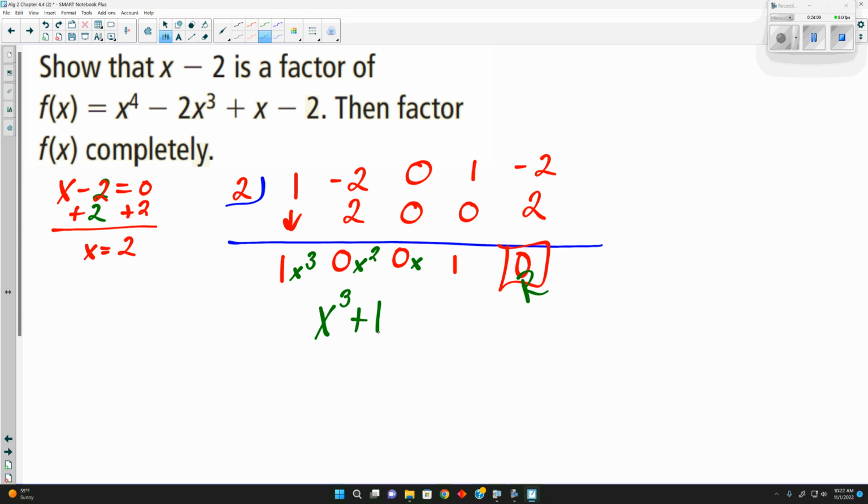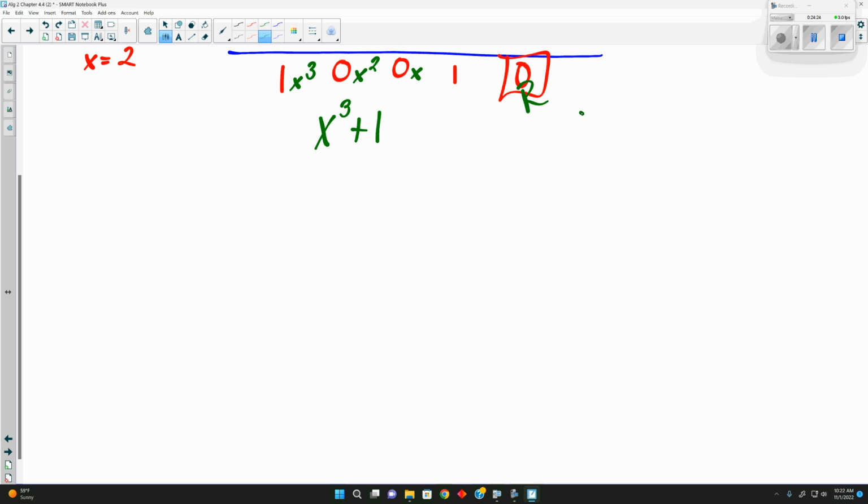Can we classify this as the sum or difference of perfect cubes? Yeah. The one before it, we had x cubed and 1, yes? The only difference is the sign in the middle, so we can still do it. Because again, the cube root of x to the third is still just x. The cube root of 1 is still 1.